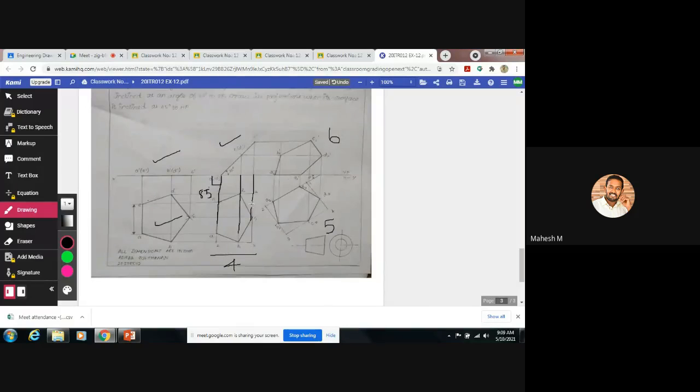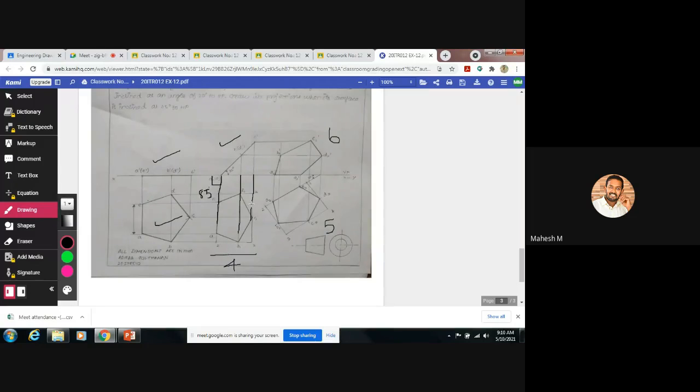Okay, so I keep on telling you that the reference line is very, very important. So please draw the reference line exactly at 0°. That means it should be a horizontal line. After that, the whole diagram should be parallel or perpendicular to the reference line.